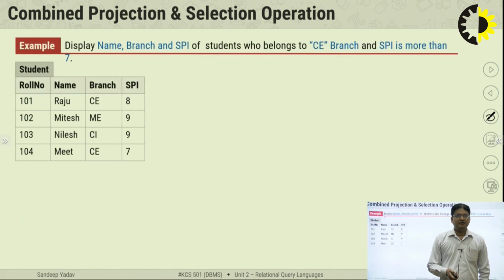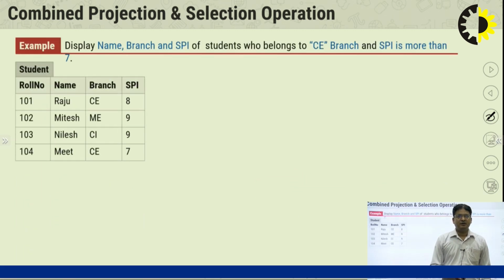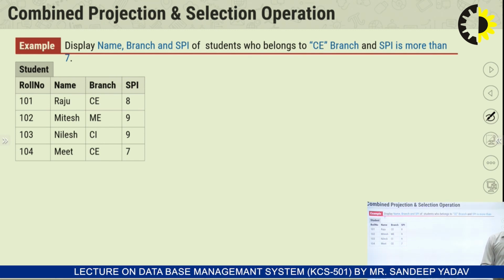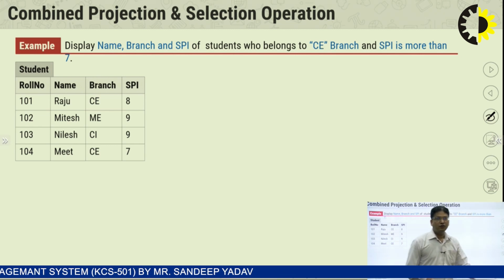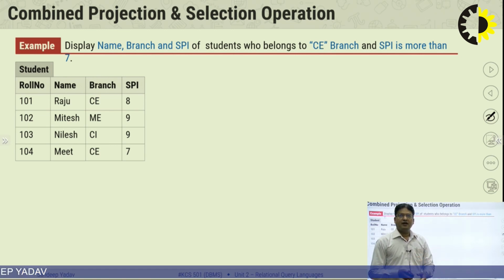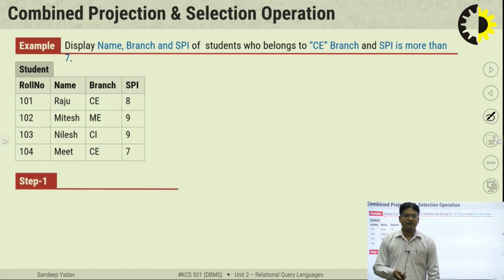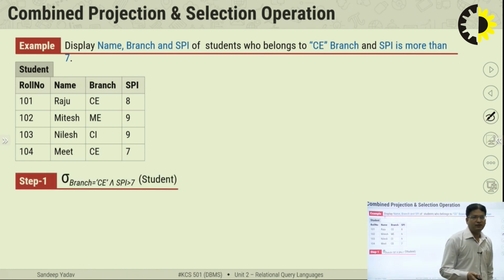One more query: display name, branch and SPI of students belonging to civil branch and SPI greater than 7. So this has two conditions. First, the branch is civil, and second, SPI is greater than 7. So first step, we have to specify the condition.